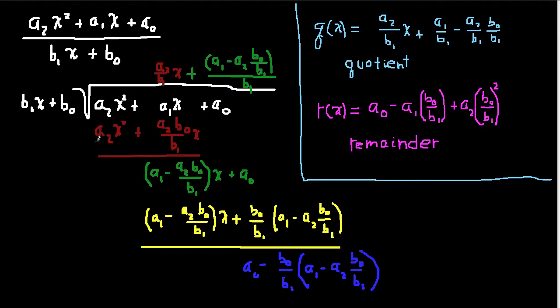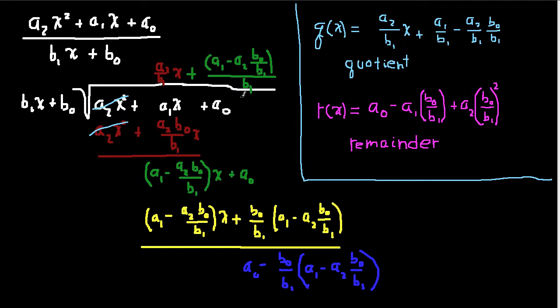When we do that, these two terms cancel out. This cancels out with that right there. And we end up with a sub 1 minus a sub 2 b0 divided by b sub 1, all times x. So this is what this term becomes, and then we bring the a sub 0 down.